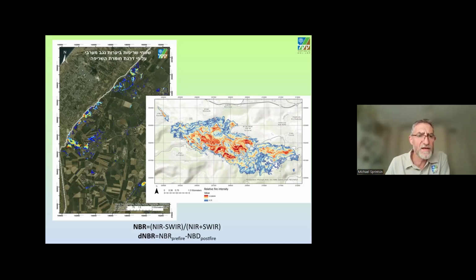The left image was obtained from Venus, and the second one here on the right from Planet Labs imagery, both at very high spatial resolution and very high temporal resolution. So we introduce some recently developed and available tools for this purpose.